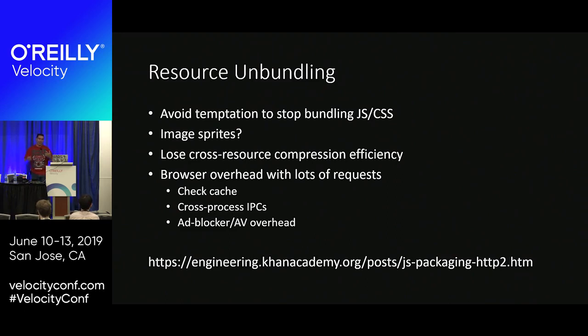Each one of those is a round trip between different processes, causing IPCs and context switches. But it's also a disk cache check to see, hey, is this resource in the cache? And those can be really expensive. Especially if you've got ad blockers and AV that get in the way of all of the requests. So if you take what used to be one request and now it's 100 separate requests, it ends up being really slow.